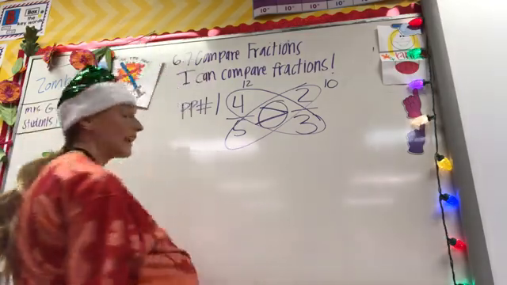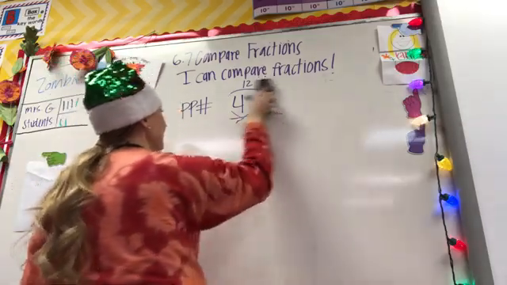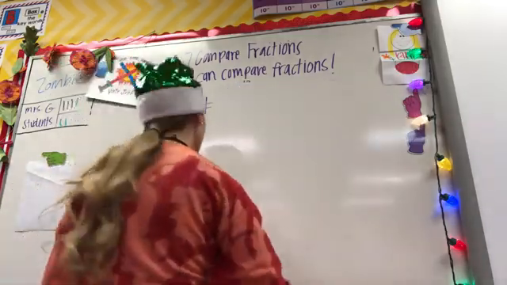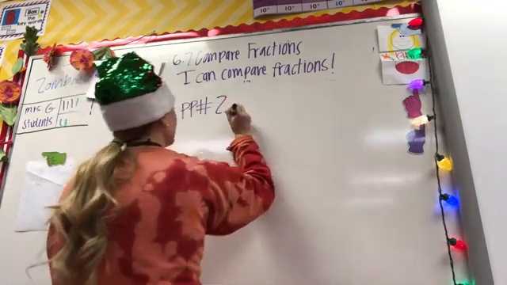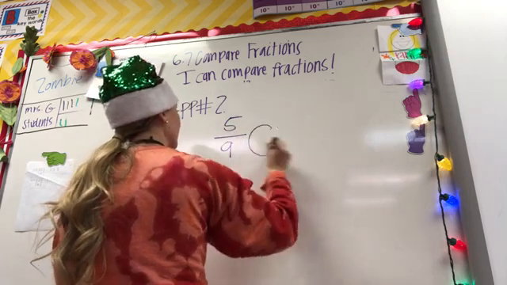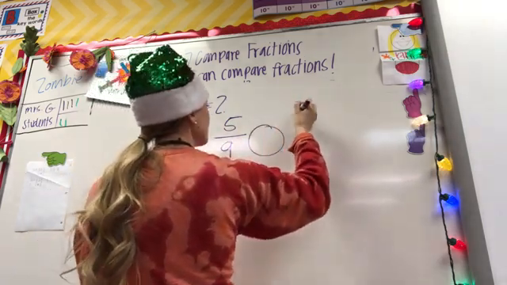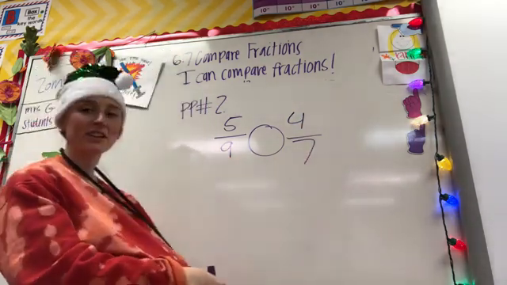Fabulous job. All right, here's our last one. Pause problem number 2. This is the fastest lesson because this trick is so fabulous. All right, if we have 5/9 compared to 4/7, give it a try.